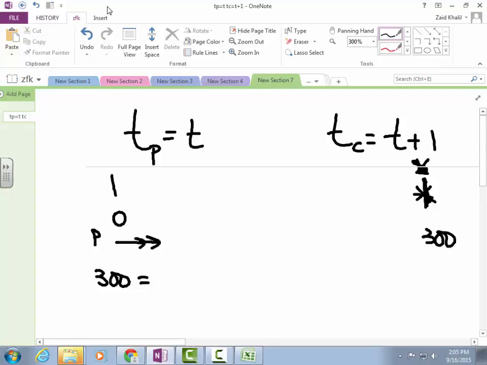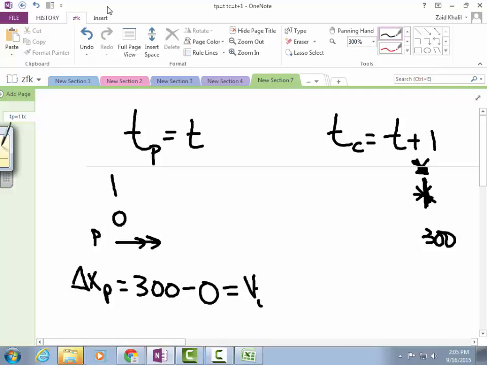Let's be more specific. Delta x for the police officer is 300 minus 0. Right? And that's equal to his initial velocity, vi, times t plus 1/2 a t squared.